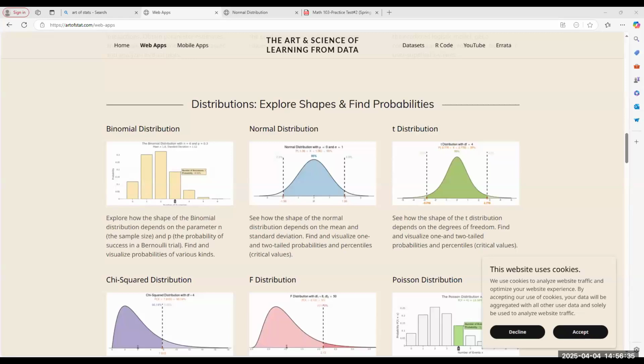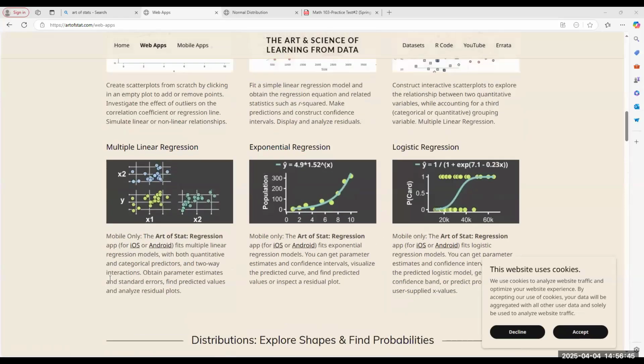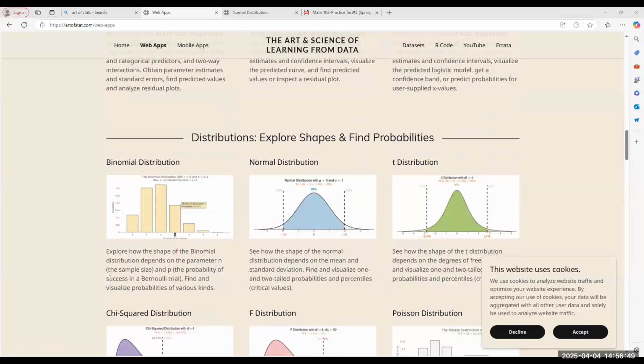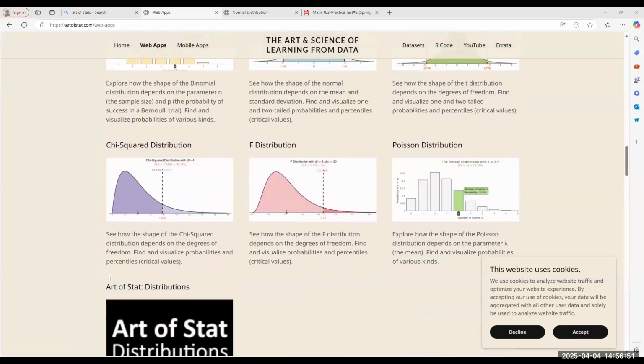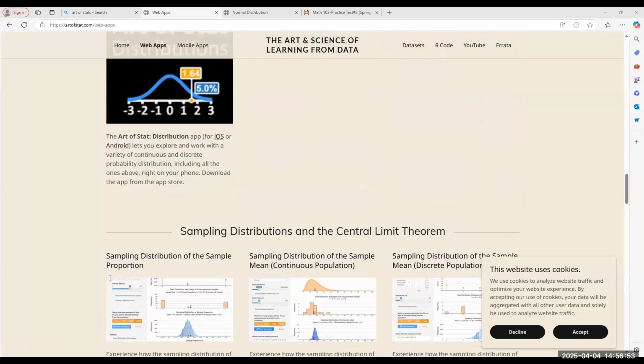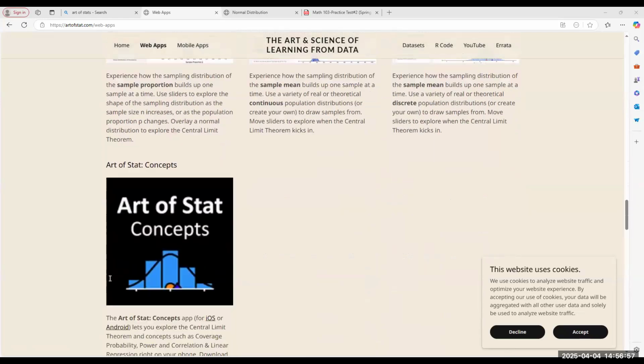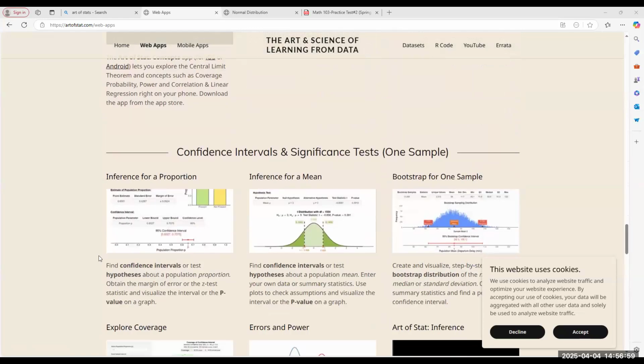This is it. So remember, it's from the top, and you just keep going down. This is the distribution that we've been using, but go down again to get the confidence interval. This is it.